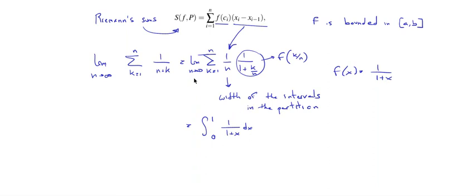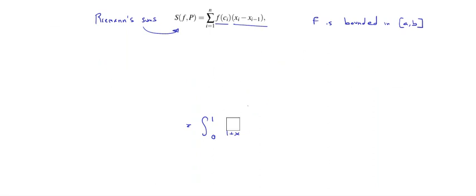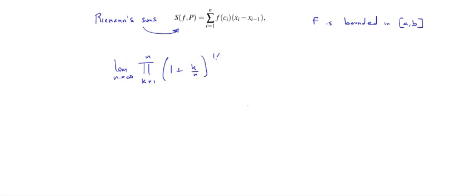Okay, another example. We have the limit when n goes to infinity of the product for k equals 1 to n of (1 plus k over n) to the 1 over n.